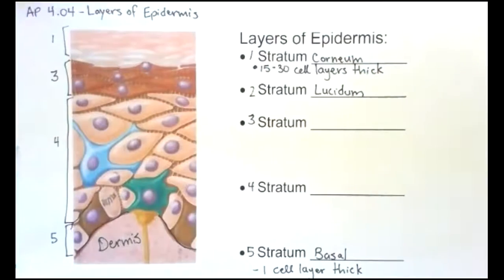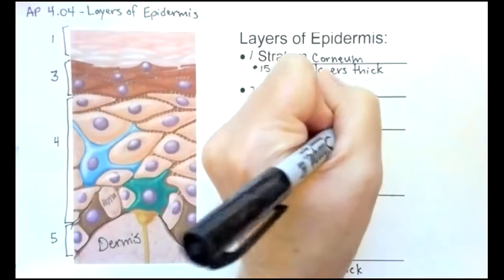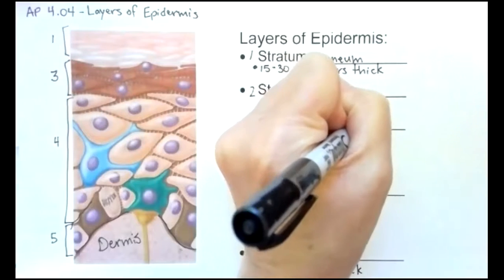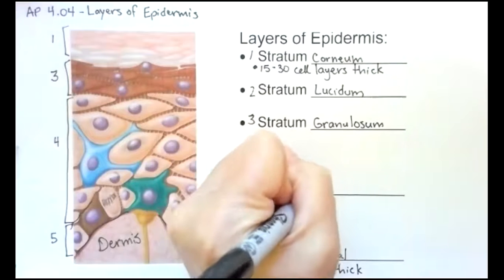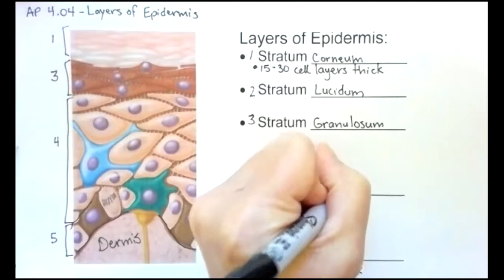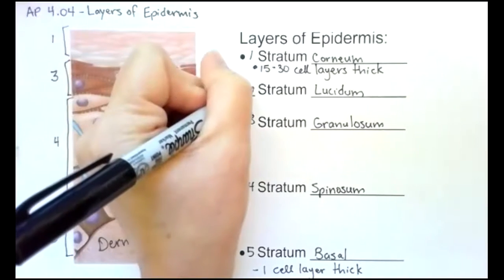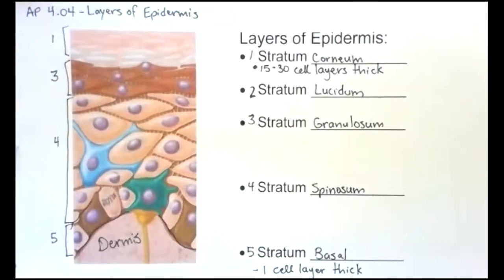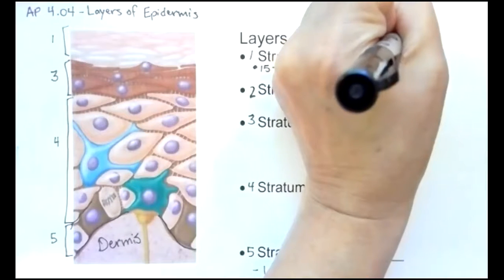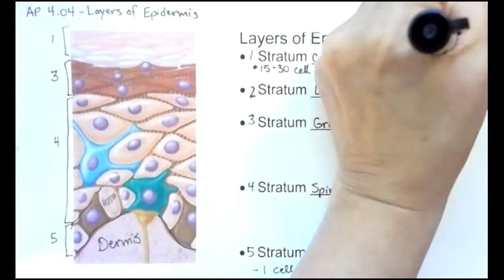The third one is the stratum granulosum, and the fourth one is called the stratum spinosum. Altogether, the entire epidermis is 30 to 50 cell layers.